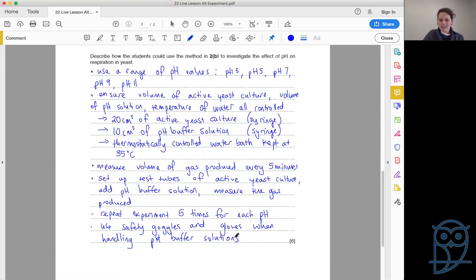They're not going to be very nice solutions to be getting on our hands. So we want to be particularly careful with those. So you're working through those 6 points to remember when you are designing an alternative experiment. So make sure you've got a good handle on those, and then you're reading with enough detail and understanding that you can build your own experiment.